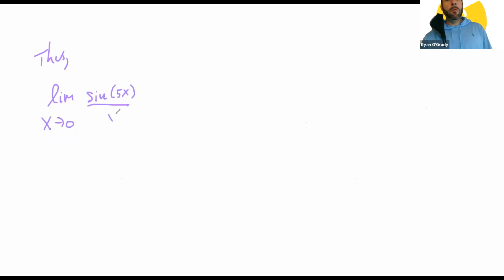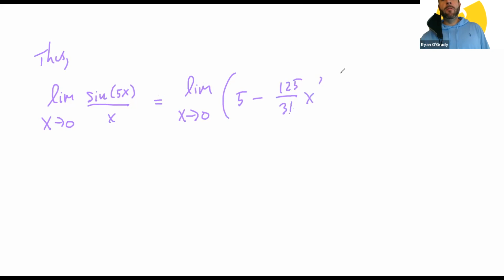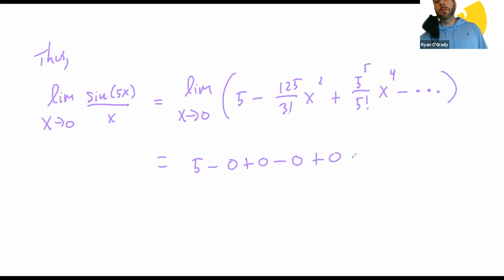So let's write that down. So when I plug in 0, I get 5 minus 0 plus 0 minus 0 plus 0 minus 0 plus, etc. And of course, this is just 5.